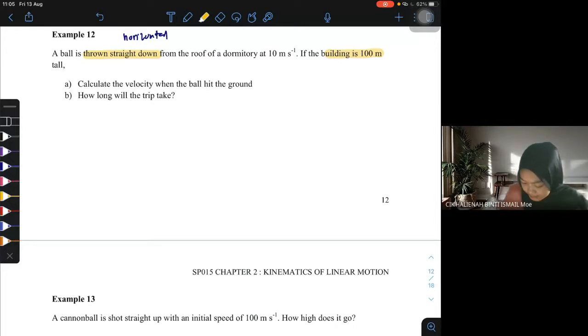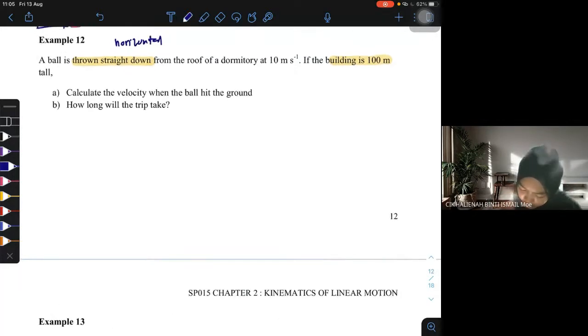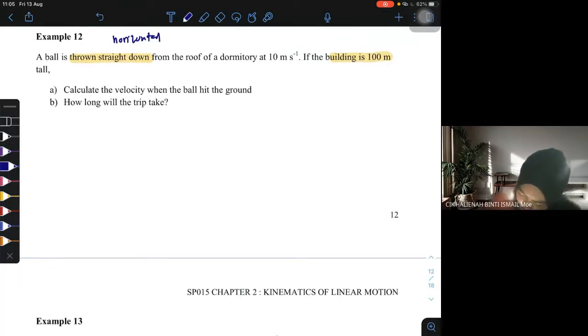Okay, so first of all, kamu kena list down the information given. So first we are given the initial velocity here, which is 10 meter per second, and then the vertical displacement, which is negative 100 meter.